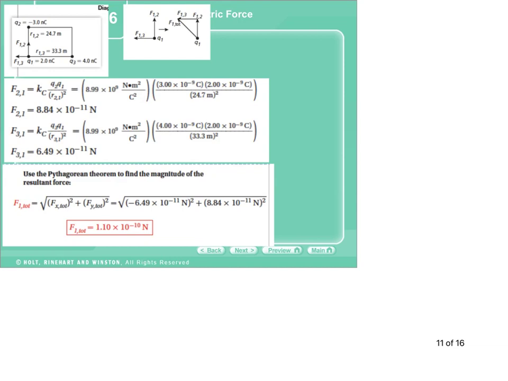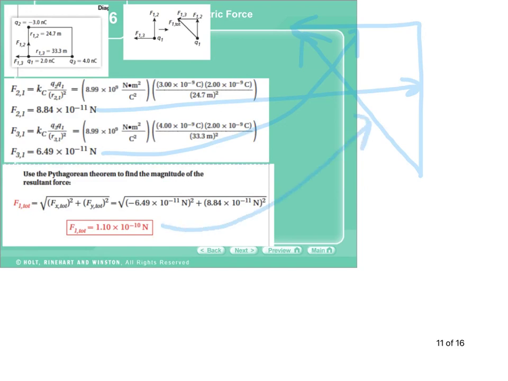That we can use, we have these, again, two legs of this right triangle. This one here, and this one here. And we can apply the Pythagorean theorem to find the resultant here.